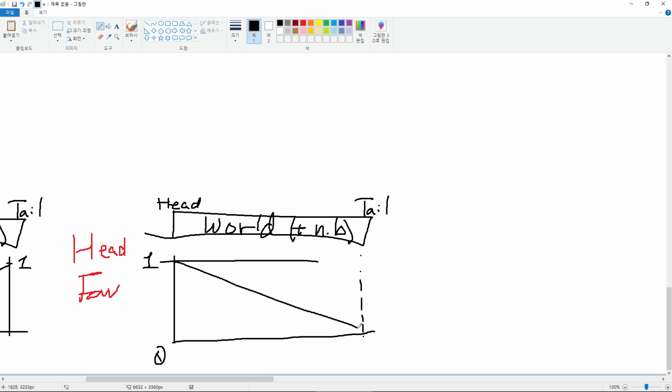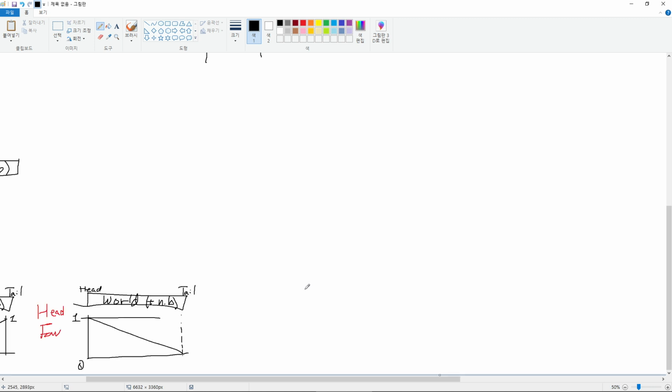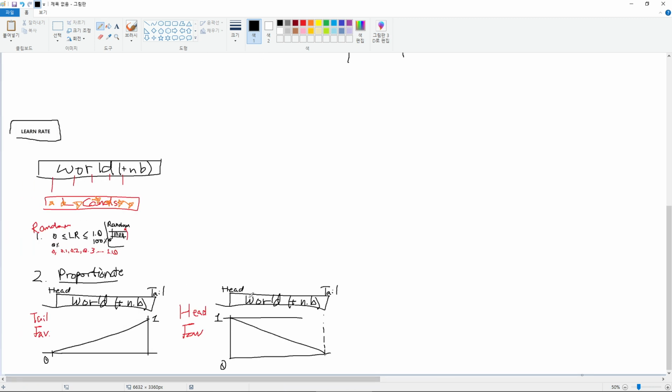So this is a straight line again. This is the proportionate. So that's 1, 2, 3. The third one, it's exactly the same. Third one would be exponential.